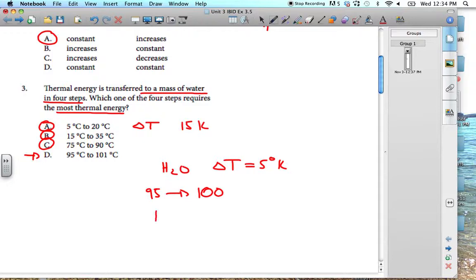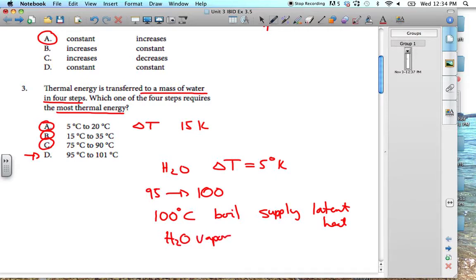So at 100 degrees Celsius or 373 Kelvin, it will boil. So you're going to need to supply that vaporization latent heat, to break those bonds.